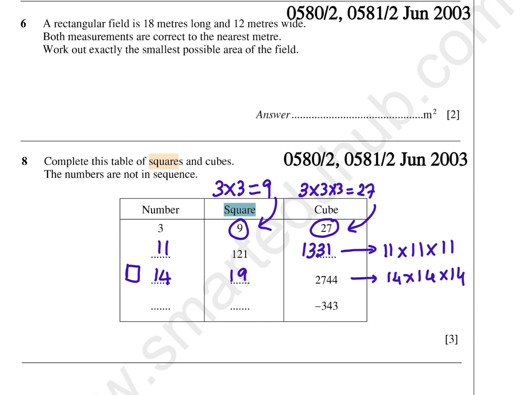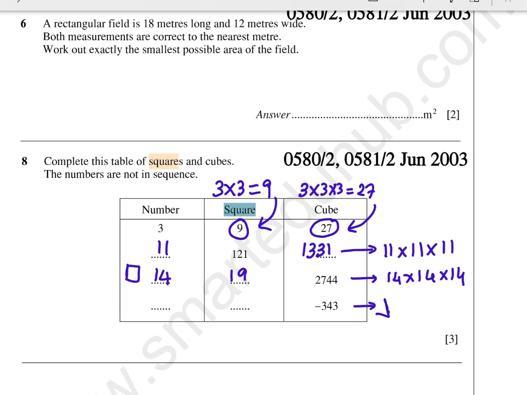Now the number here is minus 343. So that means which number has been multiplied thrice to get minus 343?